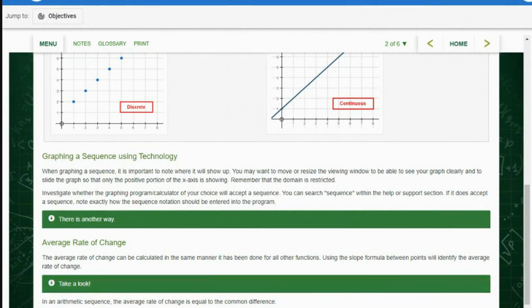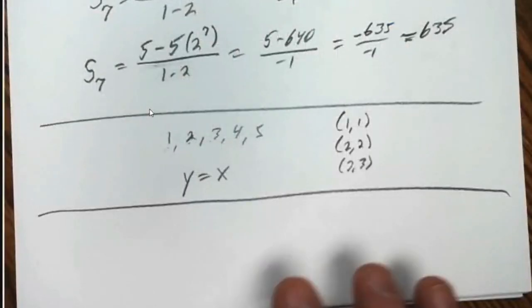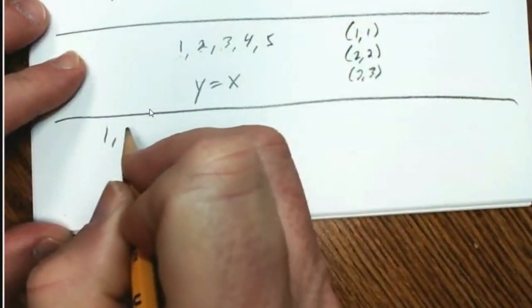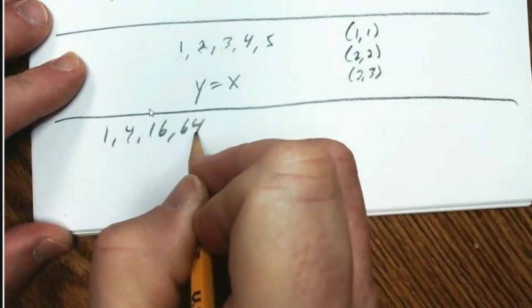All right, average rate of change. Let's talk about the average rate of change. So you may have a problem. Okay, let me be honest. You will have a problem. We won't say may. That gives you a sequence. Let's just use the one we graphed just now: 1, 4, 16, 64.